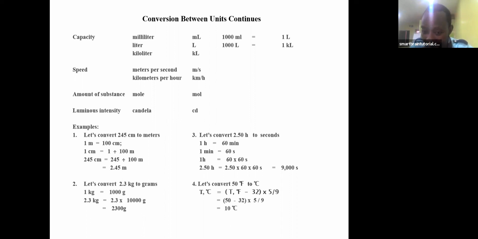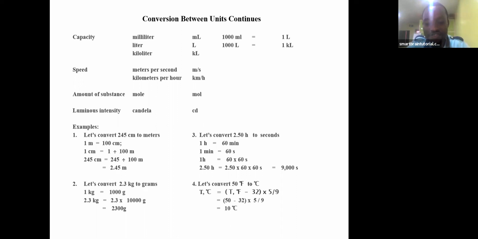So it's 50 minus 32, bracket close, times 5 over 9. If you subtract 32 from 50, what will you get? 50 minus 32 is 18.